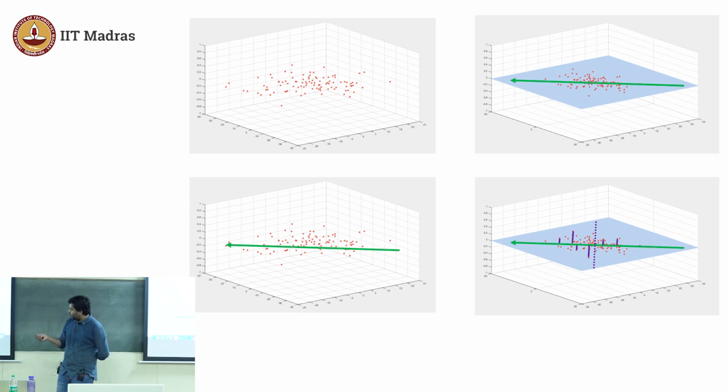But if you take a careful look at these purple things, where are they? They are on the same plane. Why is that? You are right, but why? As simple as that, right? Imagine all the points were on the floor, and then I decide to find a line on the floor that best fits the points. Now, the remaining bits, the projections, will also lie along the floor, right?